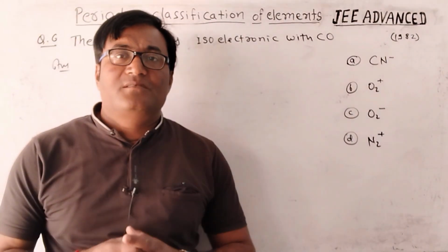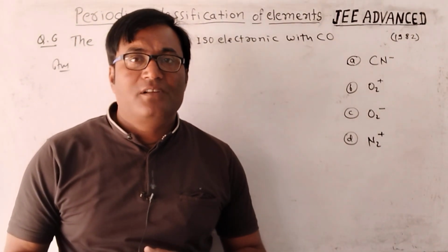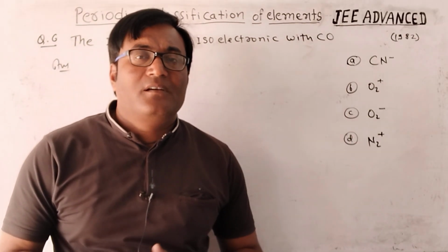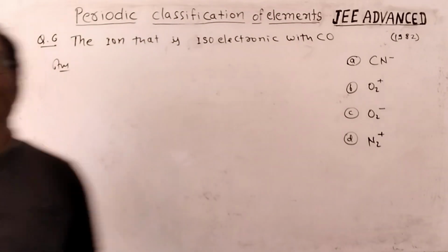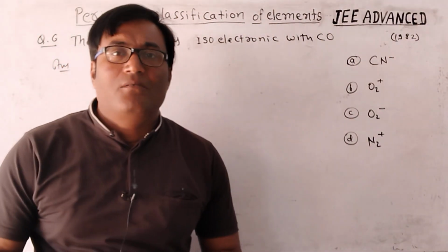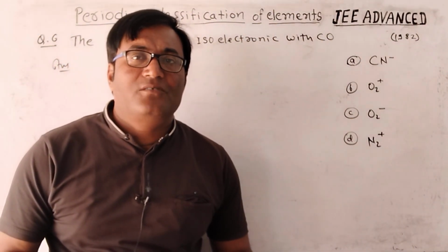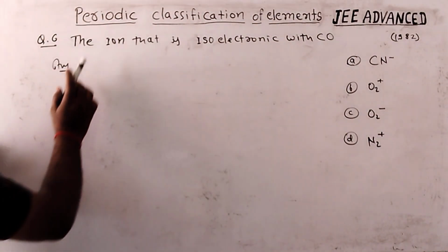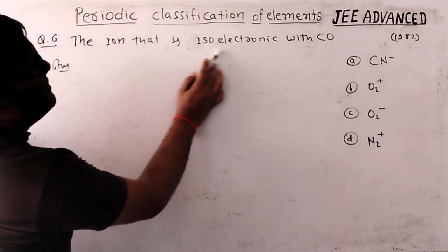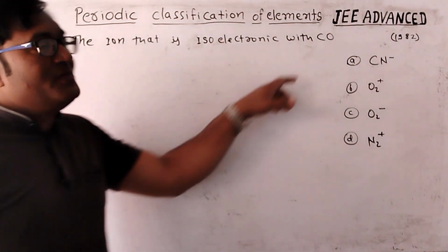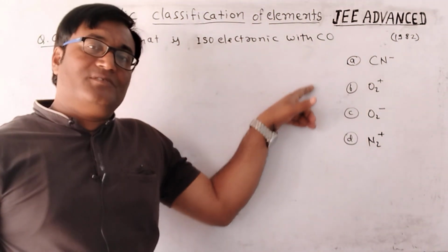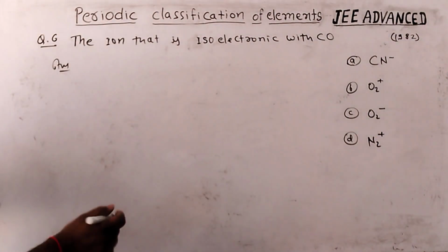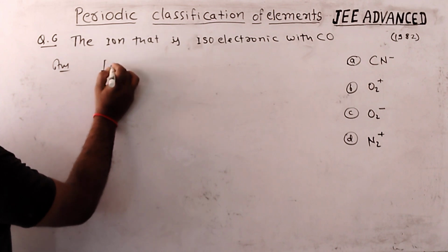Now question number 6 is based on calculation of isoelectronic species. This question is based on the topic isoelectronics. According to this question, the ion that is isoelectronic with CO, these 4 options are given. Which one is correct? Now what is isoelectronic?